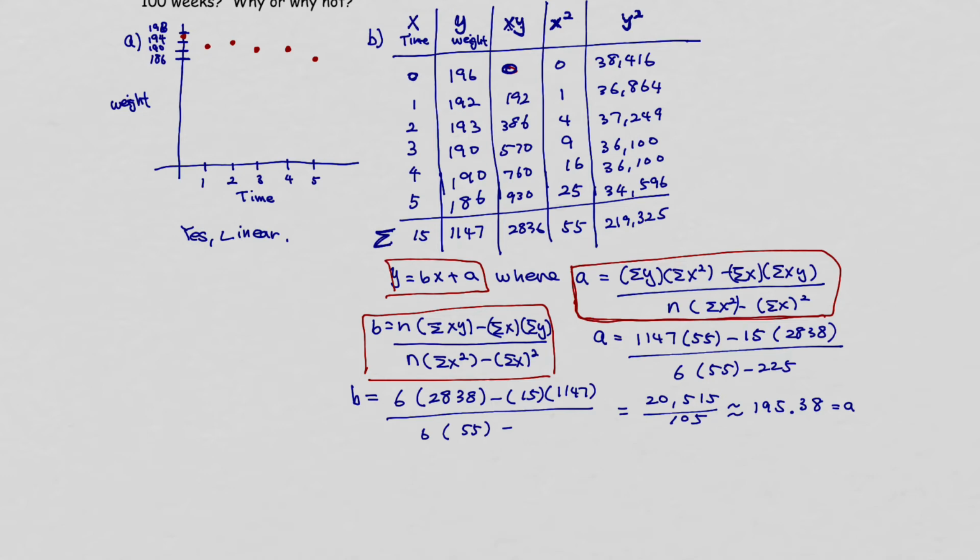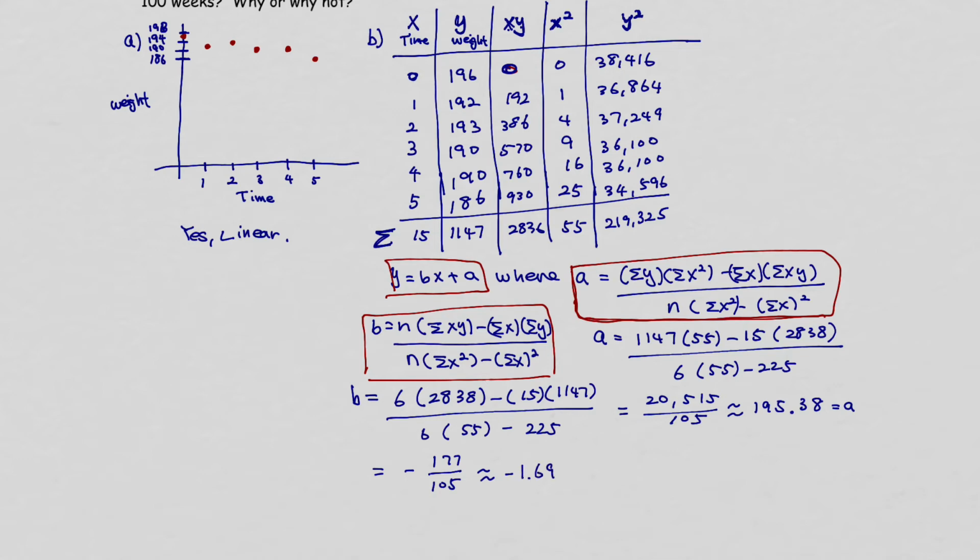You square that, you get 225. And this gives you negative 177 over 105. Again, if I round this to the nearest hundredth, I get negative 1.69.